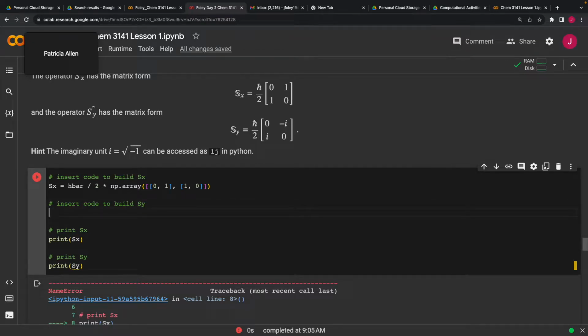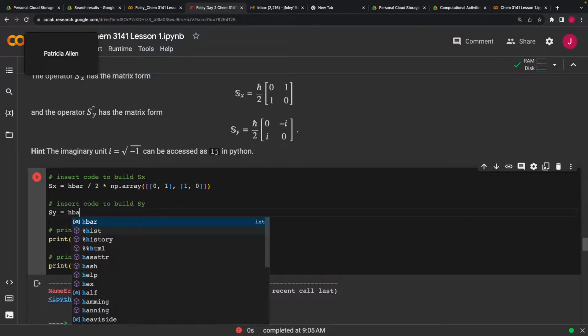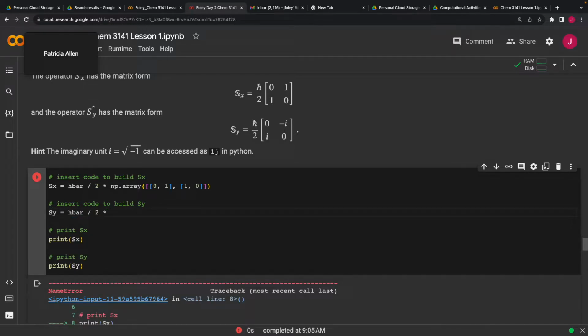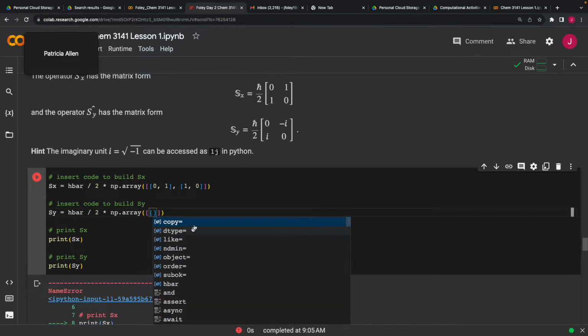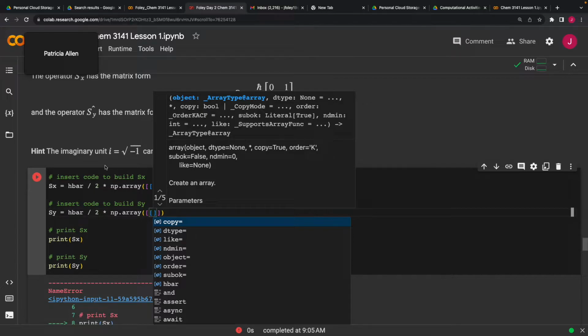SY. So SY looks a little weird, right? It's got these imaginary units in it. But here's a little note. How do you get the imaginary unit?